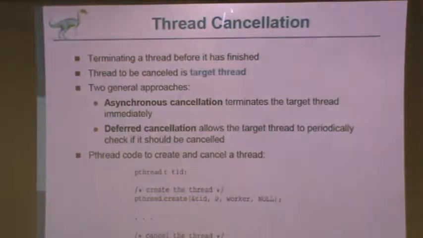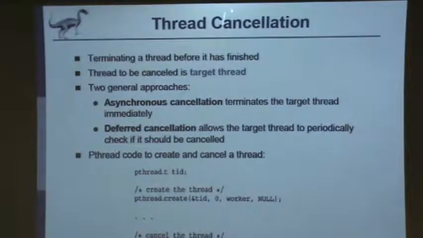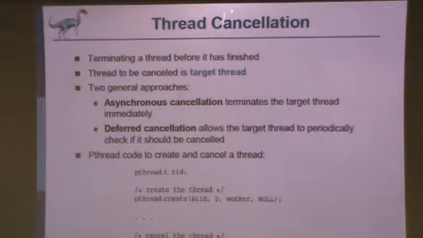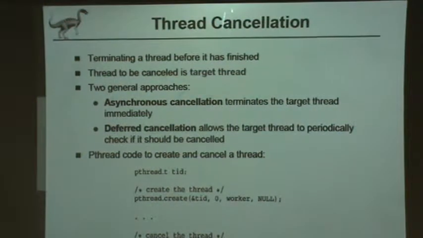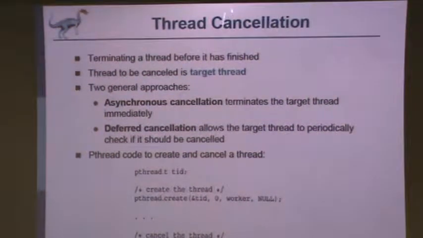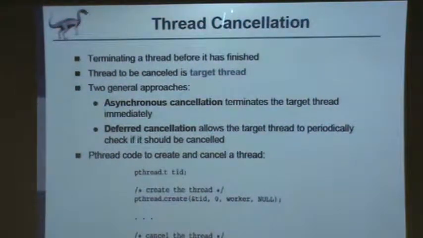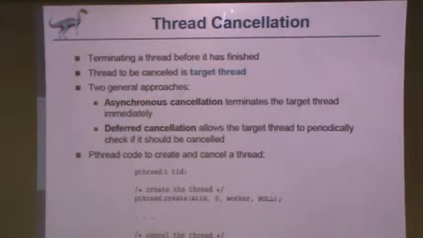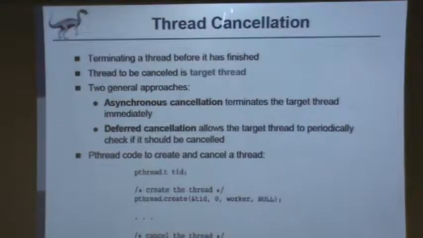It's like if I create a parent thread, and it creates a child thread. If I want to terminate the parent thread, I have to wait for the child thread to finish. This kind of for loop will check every time whether the child thread is finished or not. So it's called deferred cancellation.